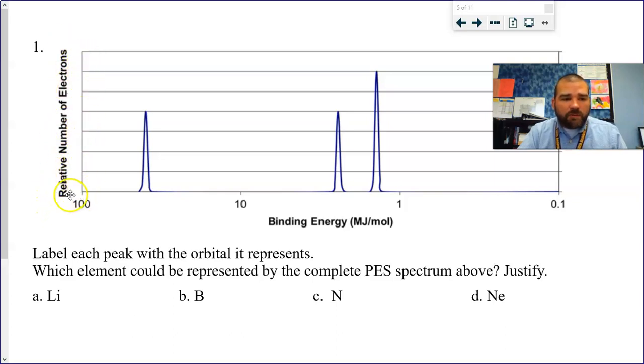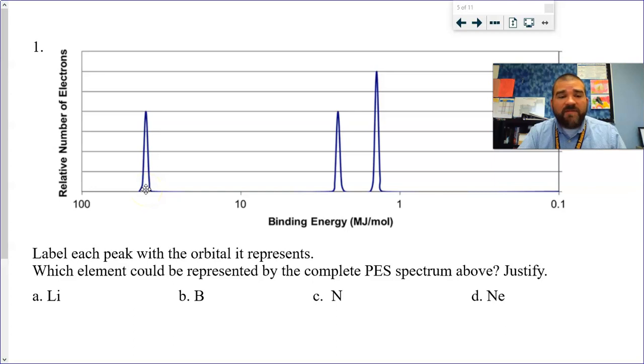I would like you to write right by this y-axis, nucleus, okay? This is more or less representing the nucleus. And as I travel left to right away from the nucleus, I'm going to hit my orbitals in order. I've hit a peak.